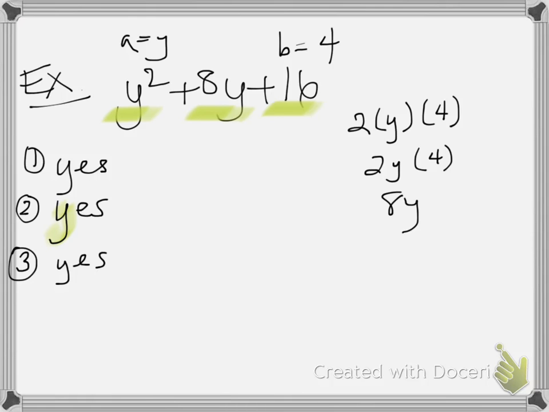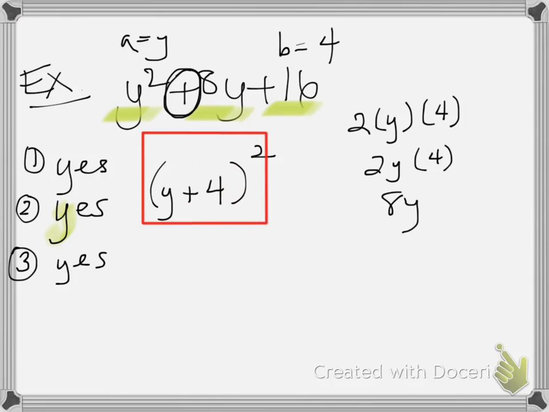That means your answer is going to be something squared. It's a plus b, so y something 4, squared. Now is it plus or minus? Look at that first sign in there. So it's plus. Then my answer is y plus 4 squared.